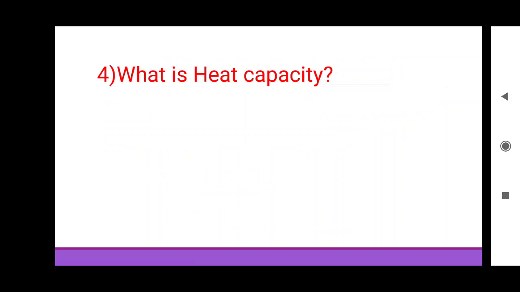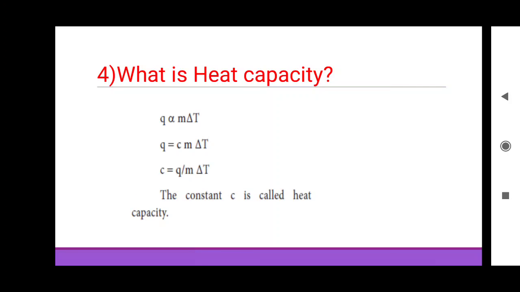Question number 4. What is heat capacity? Here, Q is directly proportional to mass. Q means what? Q is the heat supplied to the system. Q is directly proportional to mass multiplied by del T. Del T means change in temperature.